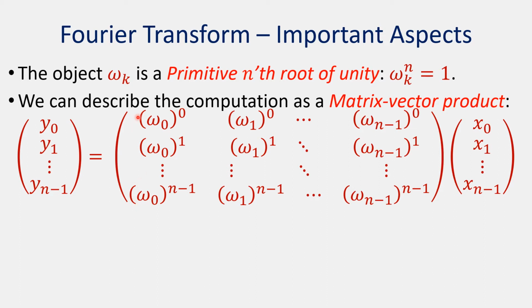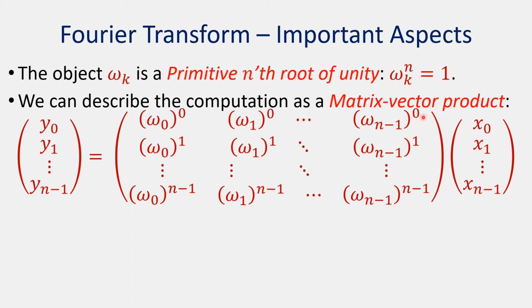Suppose we go down the rows of this matrix. Then in the first row, every single one of the primitive roots of unity are raised to the same power, to the power 0. And this is the first primitive root of unity that we're going to use. And then these go up in ascending order. We have the first, the second, and so on up to the last primitive root of unity.